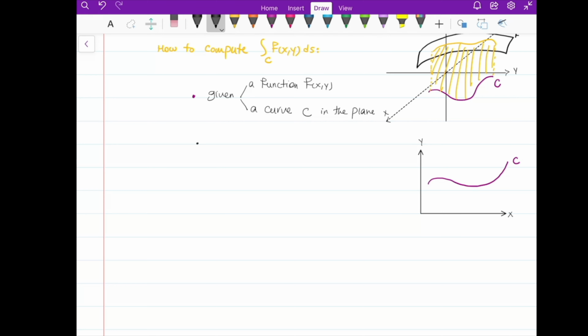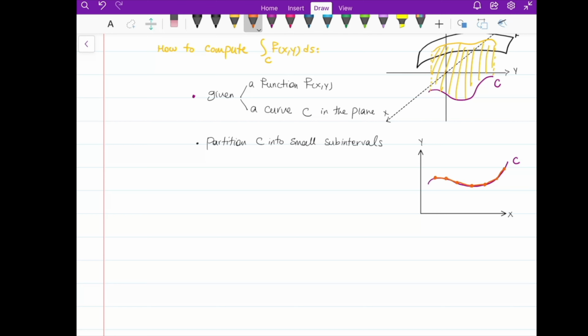So we are going to partition C into small subintervals. Okay, like this. We do it into small subintervals that, instead of being like a curve, are like lines, right?